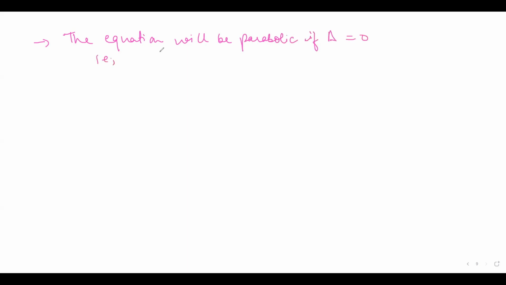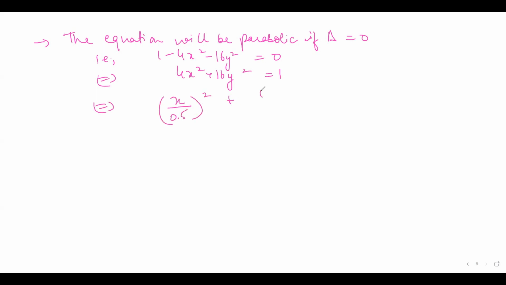So that is 1 minus 4x square minus 16y square is equal to 0. So this is equivalent to saying x upon 0.5 whole square plus y upon 0.25 whole square is equal to 1. So that means now we are talking about only those points which are on the ellipse.